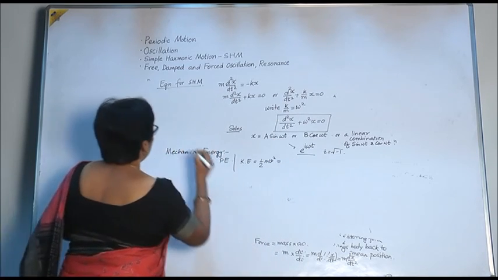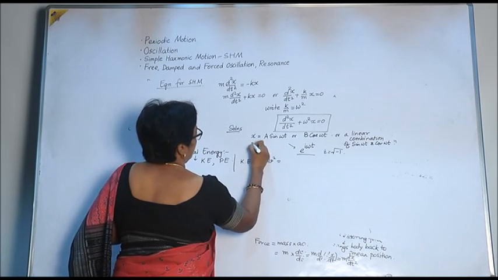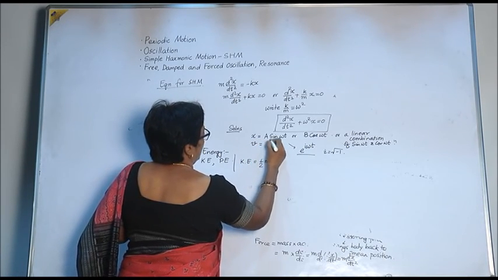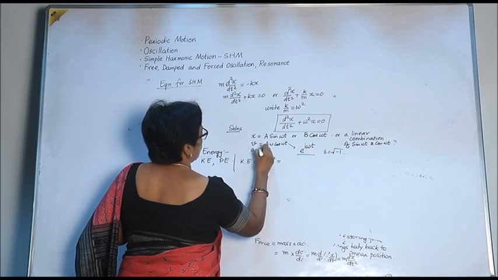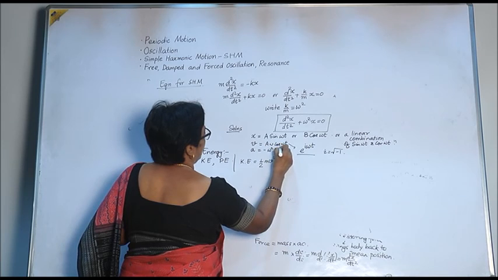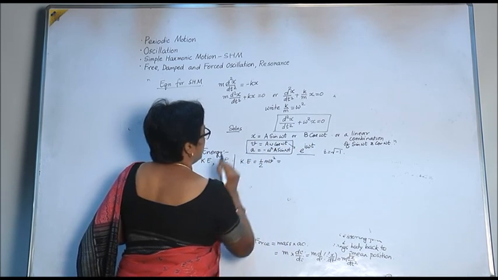If you remember, I wrote x equals a sin omega t, v will be equal to a omega cos omega t, and our acceleration was minus omega square a sin omega t. These are the things that we have already found out.